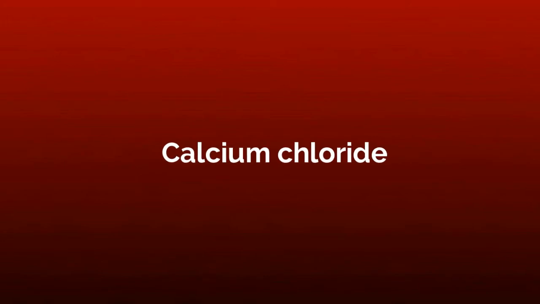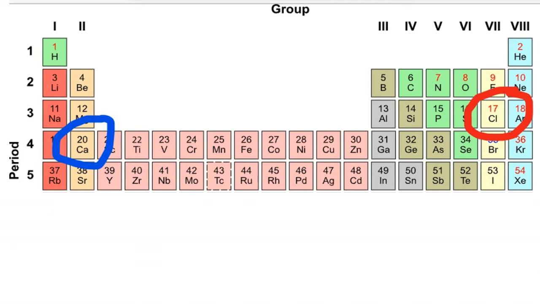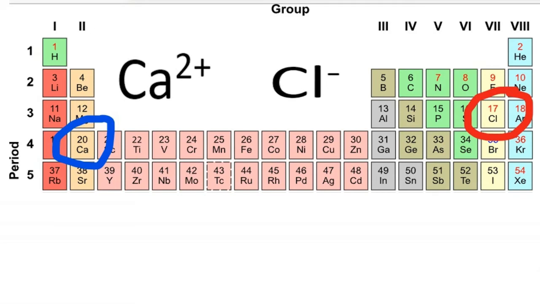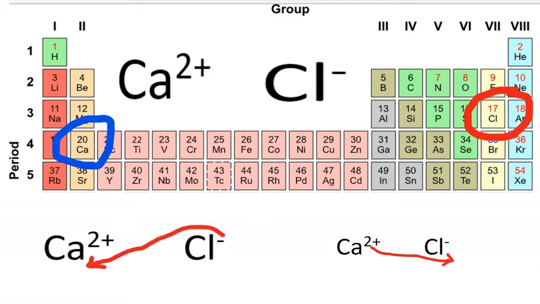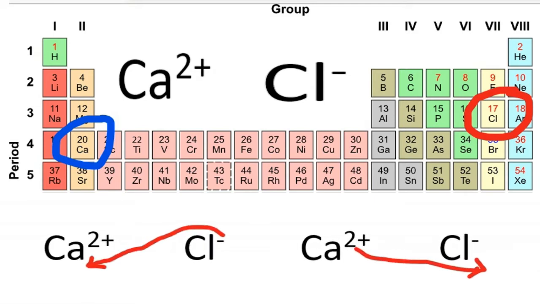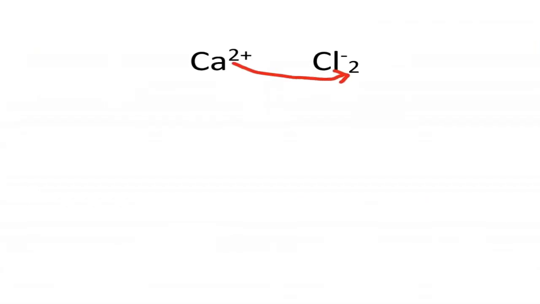Let's take this example, calcium chloride. Calcium has a charge of 2 plus, and chlorine has a charge of 1 minus. And now, we do the crisscross. Let's take 1 minus over here, and 2 plus over here.